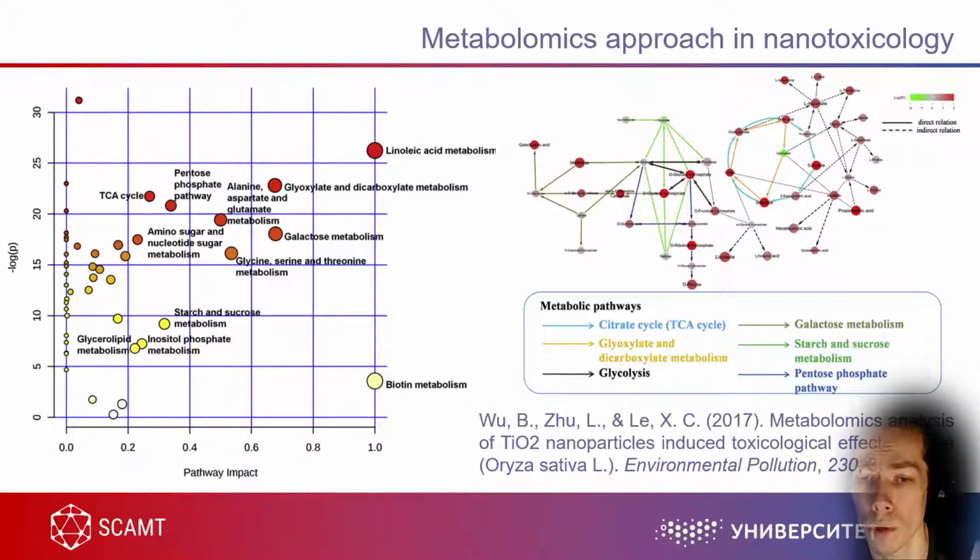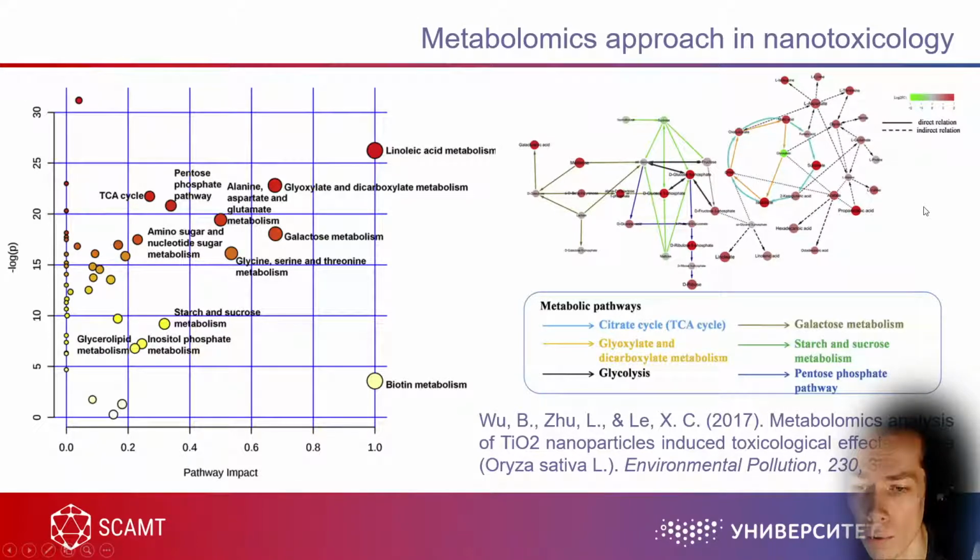Or maybe you will observe some decrease in production of valuable amino acids, but you will not be able to understand why. To understand, you need a metabolomics approach to plot this graph and observe what really happened, and that's why it's very, very powerful.